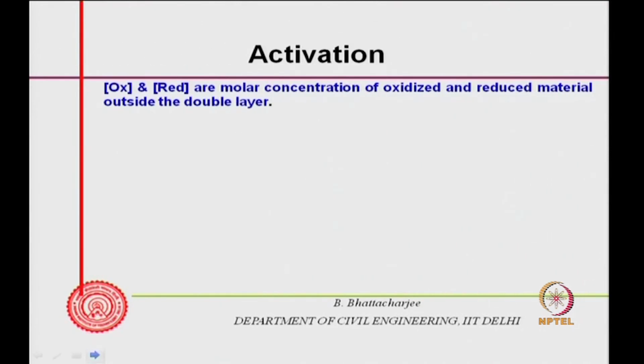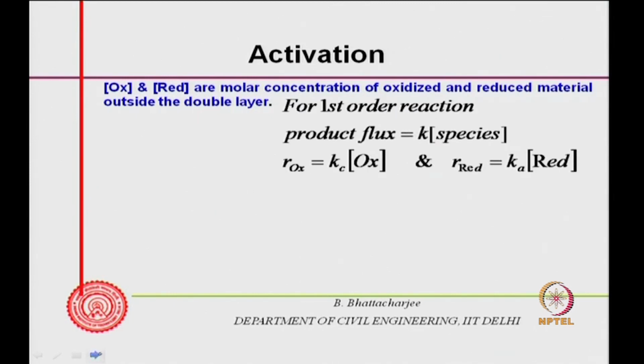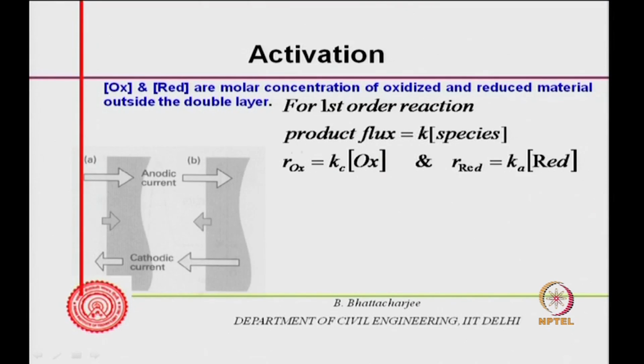Oxidant and reductant are the molar concentrations of the oxidized and reduced species outside the electrical double layer. The first order reaction is proportional to K times the species. Therefore, the rate of oxidation and rate of reduction can be written like this.